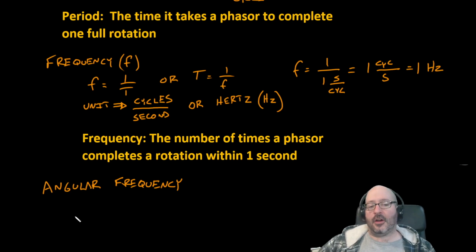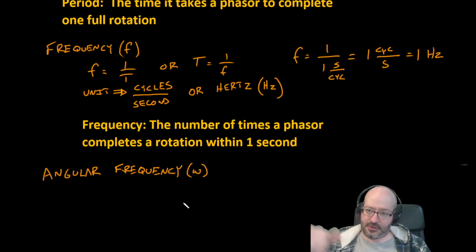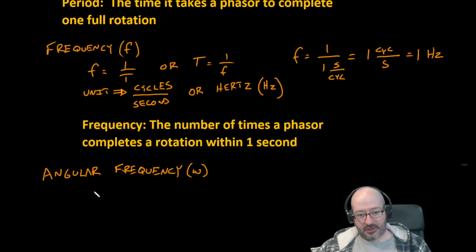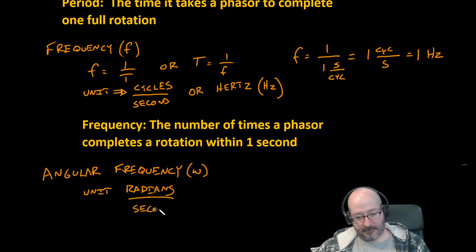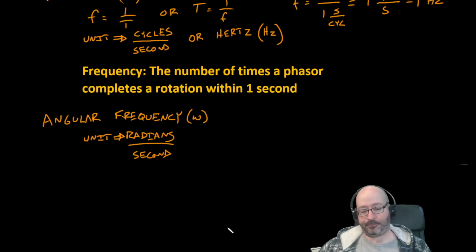But instead of talking about how many cycles it travels through in 1 second, we can talk about the number of radians it travels through in 1 second. So the unit in this case is radians per second. That's the unit we're interested in with angular frequency, and the variable is a lowercase omega.